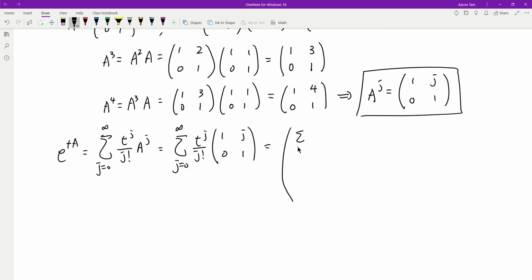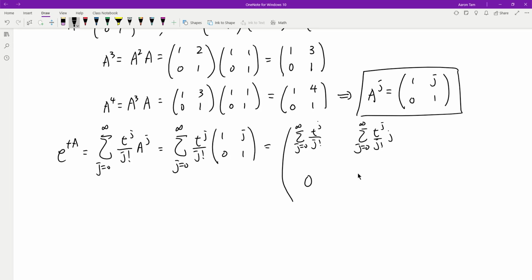So therefore it's summation j from 0 to infinity, t to the j over j factorial, j times t. Oh, actually, no. The j would have to be inside. So the inside would be summation j from 0 to infinity, t to the j over j factorial times j.